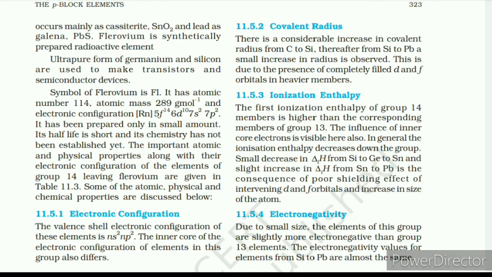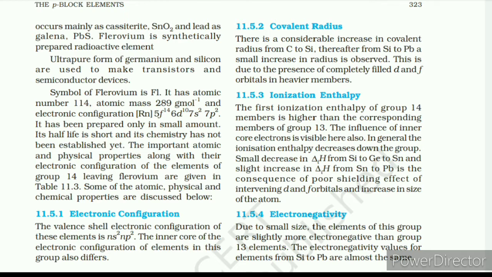11.5.3 Ionization enthalpy. The first ionization enthalpy of Group 14 members is higher than the corresponding members of Group 13. The influence of inner core electrons is visible here also. In general, the ionization enthalpy decreases down the group.